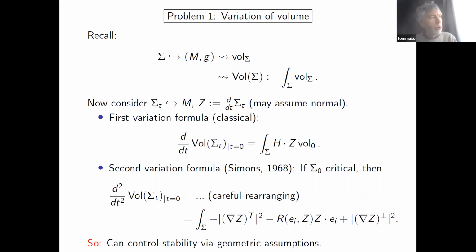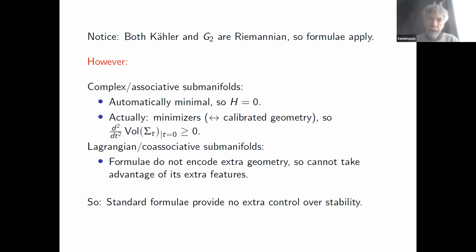Now, what we would like to do is see how these formulas can be applied in the more special case of Kähler manifolds and G2 manifolds. And it turns out that something interesting happens. If you look at complex or associative submanifolds, there is a different point of view on these submanifolds called calibrated geometry, which says that these submanifolds are always minimal.